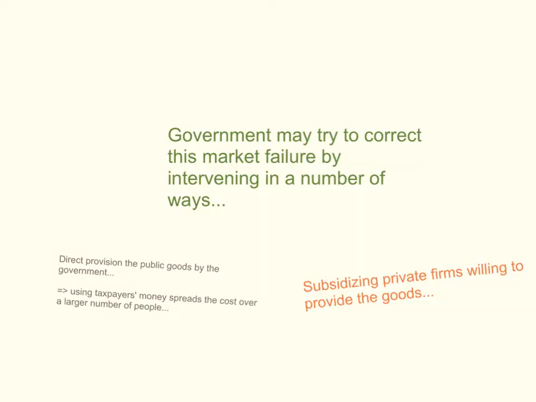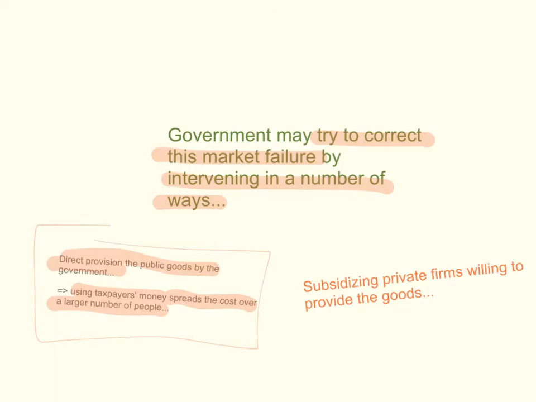So, how can the government try to correct this market failure? Well, the government can intervene in a number of ways. The first way is to just directly provide the public goods itself. Using the taxpayers' money allows the government to spread the cost over a larger number of people. So that's one option that's quite common.